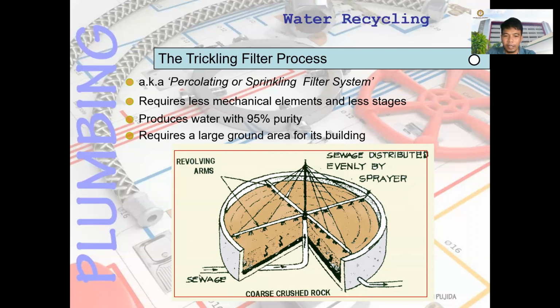The sewage coming from the buildings or houses is distributed evenly by a sprayer on a rotating arm. Maybe you have already discussed this in your environmental engineering.